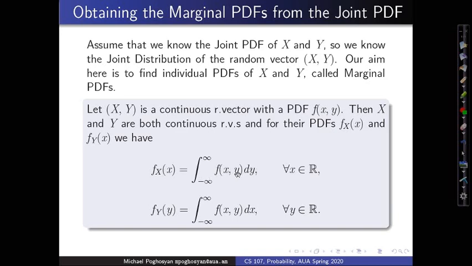So we are integrating out that variable y, integrating over the real line with respect to y, obtaining some function of x. This is our marginal PDF for x. And if I want to find the marginal PDF of y, then I'm integrating out the variable x. So I'm integrating from minus infinity to infinity f_xy dx for any y.